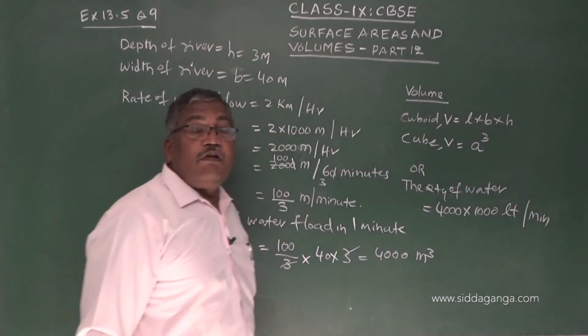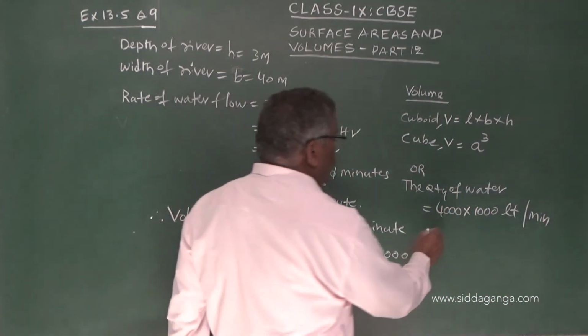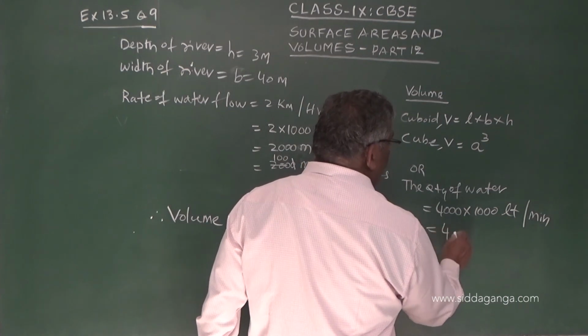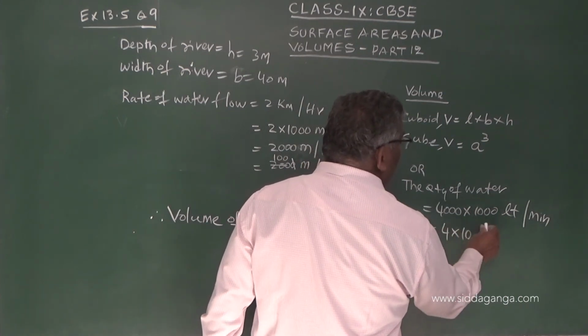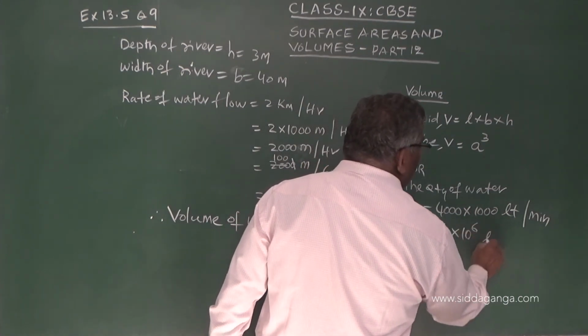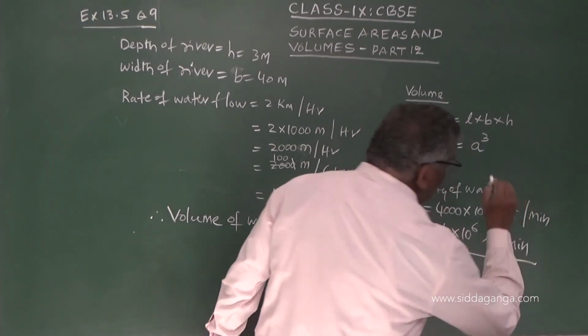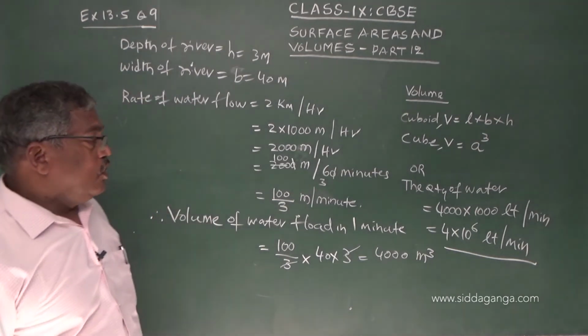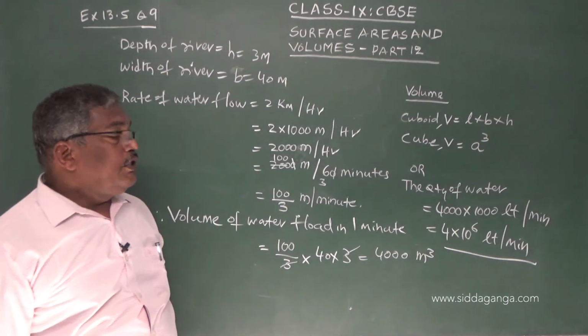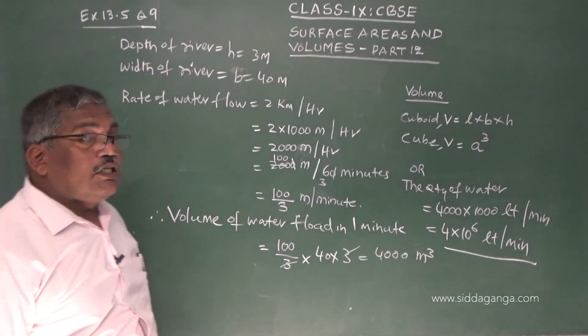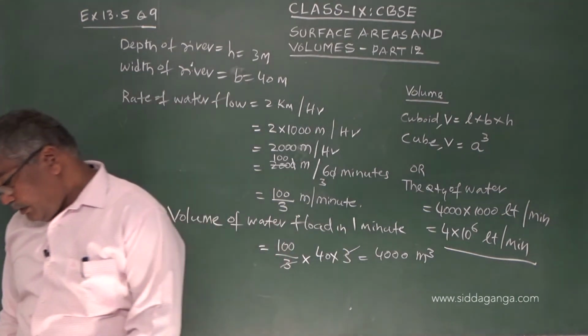That much water will flow. Or you can write it as 4 into 10 to the power 6 liters per minute. You can represent it this way also.